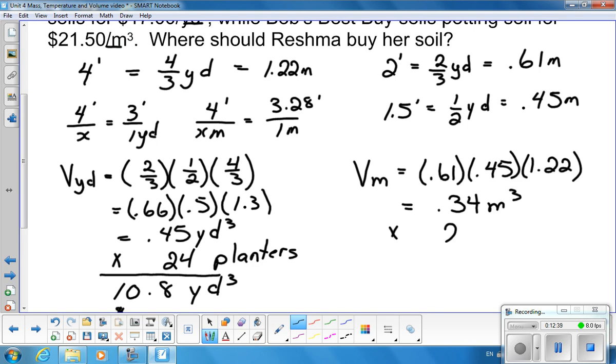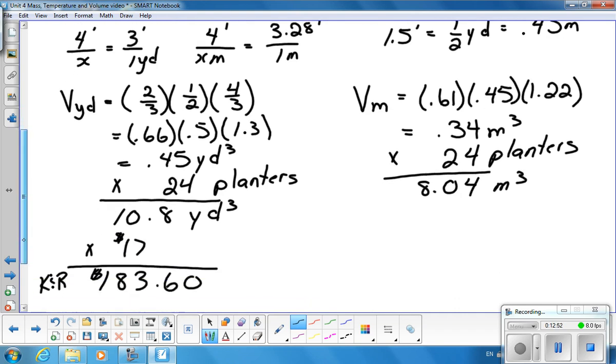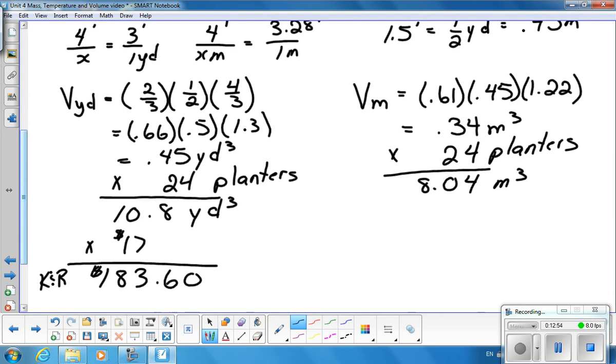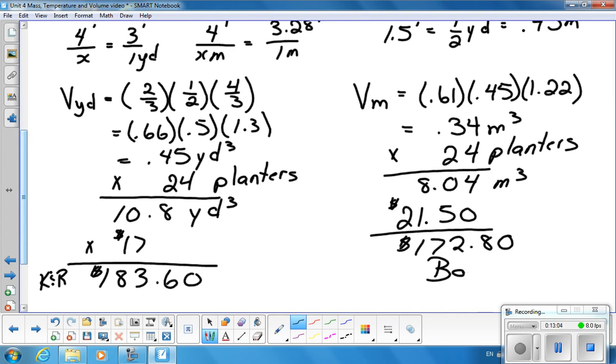Again, I need to multiply by the 24 planters to figure out the total volume, which is 8.04 cubic meters. The price from Bob's Best Buy is $21.50 per cubic meter, for a total of $172.80. So Bob's Best Buy is the best price.